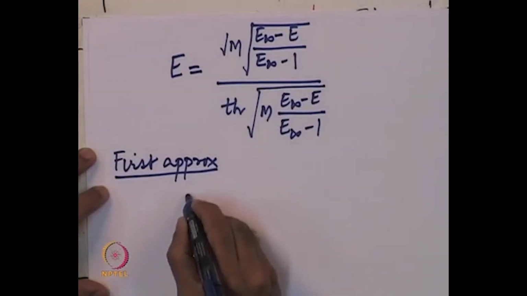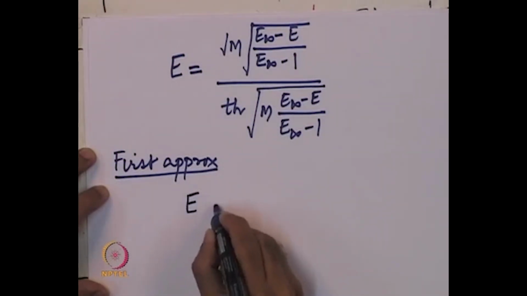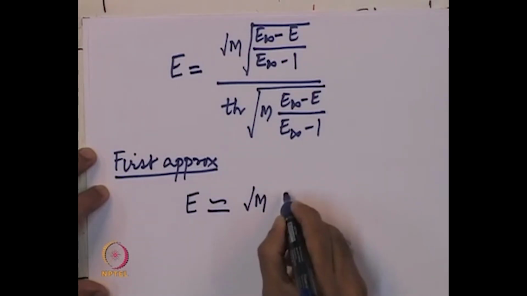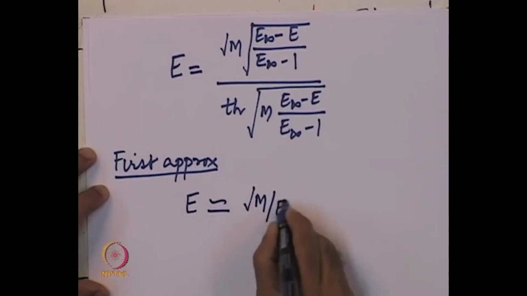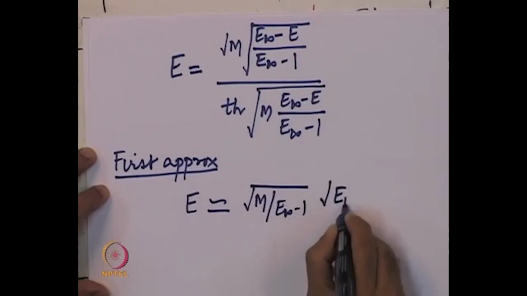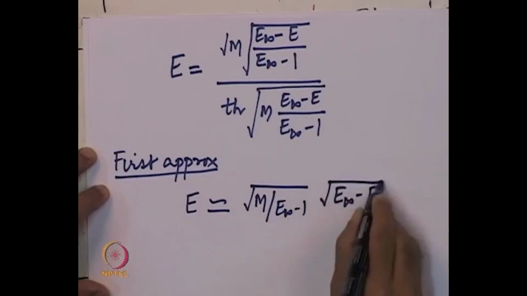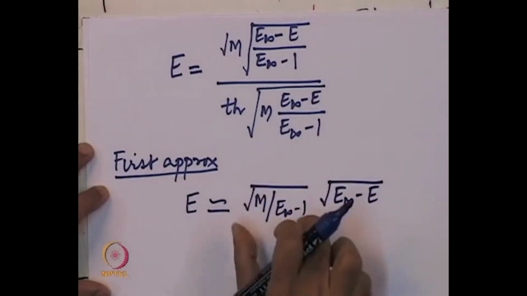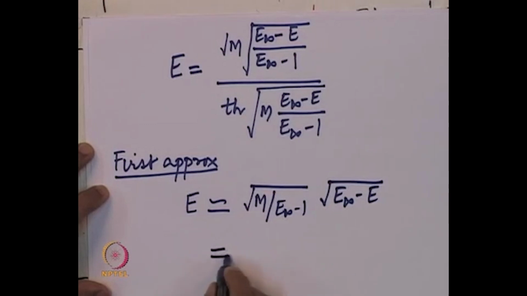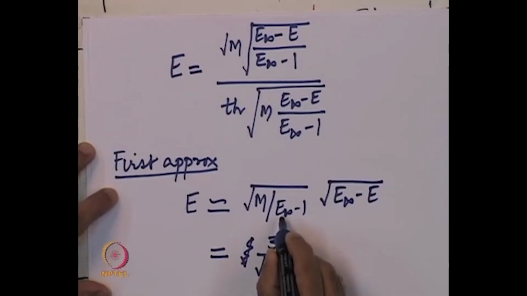If we do that, then we can calculate the first approximation as root m divided by (E infinity minus 1) into square root of (E infinity minus E), where I have just separated out the values that we know from the value that we do not know. So, this is square root of m, which we know to be 30, divided by square root of E infinity, which is 8.91.